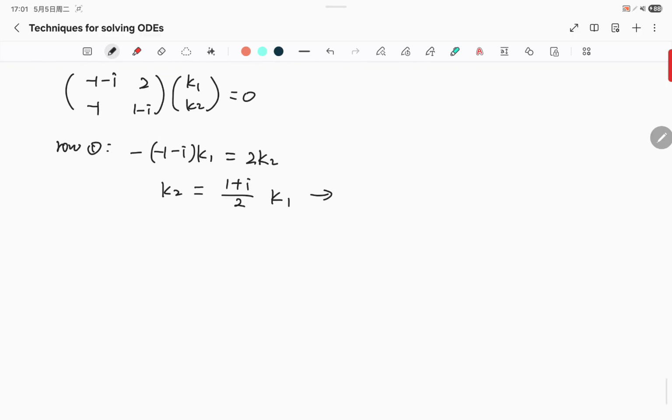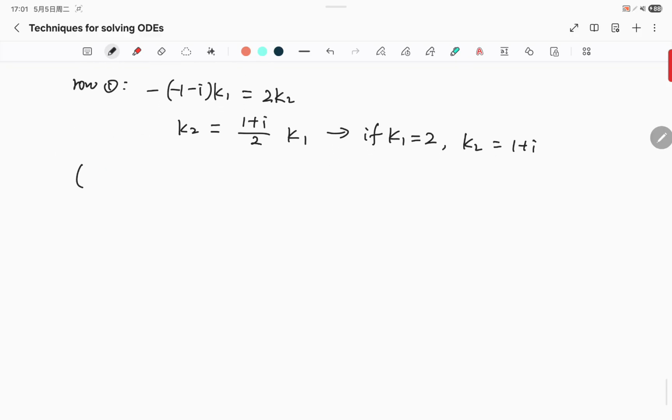Now it's going to be simple. If k1 is equal to 2, then my k2 is 1 plus i. So k1 is 2 and k2 is 1 plus i.